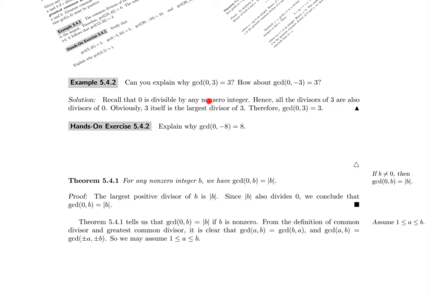If you take any non-zero integer, let's call it a, then a divides 0 because why? A divides 0 for any integer a that's non-zero. Remember our notation, Z star means all the non-zero elements of a set.